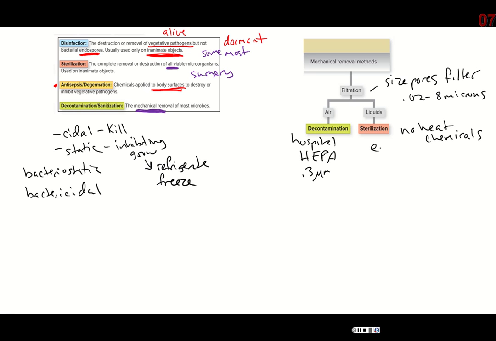Examples of things that would use that would be blood products. You can't heat the blood, that's going to destroy the cells. You can't use chemicals on the blood because you're going to put it inside of somebody's body. We also have this problem with vaccines. So anything that you're injecting into somebody, filtration is the best way to remove potential microbes.